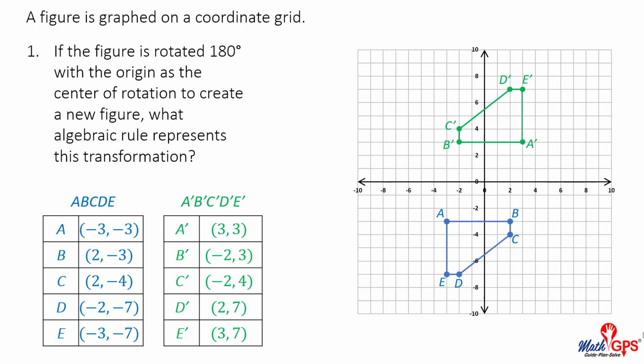What do you notice about the y values in the original polygon and the y values in the rotated image? The algebraic representation of a 180-degree rotation is (x, y) transformed to (-x, -y).